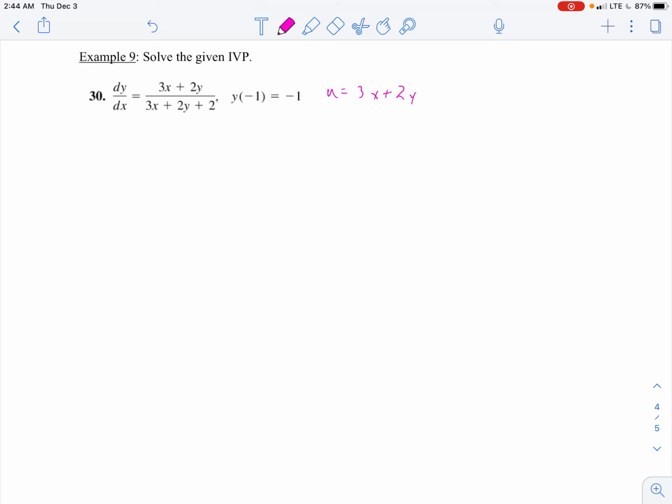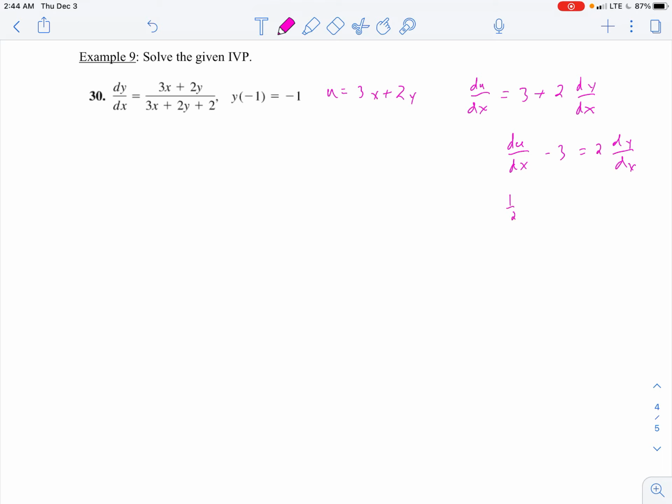Take the derivative of both sides. du over dx is equal to 3 plus 2 dy over dx. Now let's solve for dy over dx, so we're going to have du over dx minus 3 equals 2 dy over dx. Let's get rid of that 2 by multiplying both sides by 1/2.